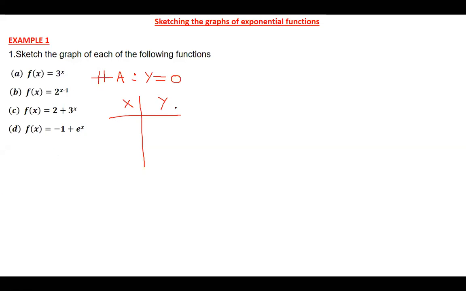Let's try to put 0 where there is x: 3 raised to the power 0 gives 1. When we put 1 there, 3 raised to the power 1 gives 3.